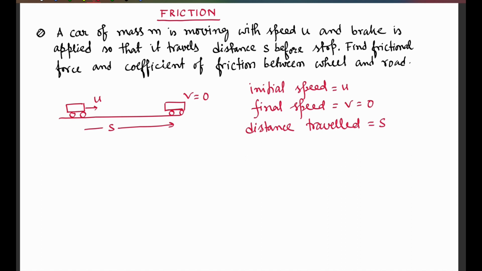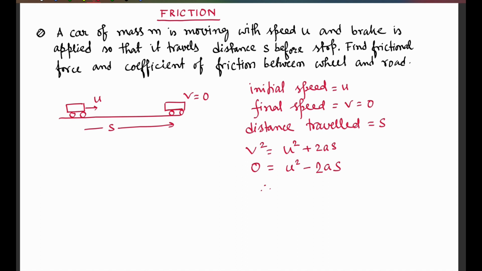As the final speed is 0, that means there is a retardation acting on the car and there is a retarding force. That retarding force is due to the friction between wheel and the road. So we can calculate the retardation here. Now we can use the formula v square is equal to u square plus 2as. Now final speed is 0, initial is u, as it is retarded motion, so this is minus a to s.